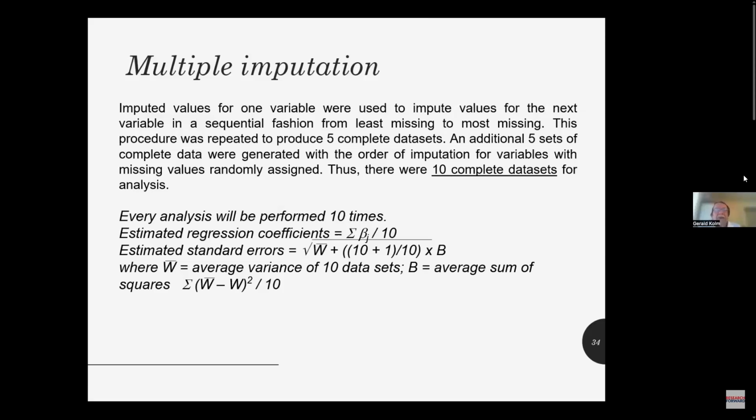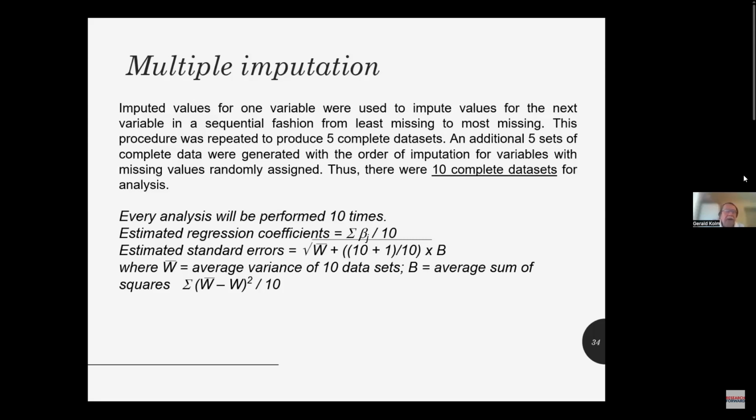I started out with age and sex, which had less than 1%, and then I did another 5 where I randomly imputed without regard for how much missing there was. So I ended up with 10 complete data sets. Every analysis that we're going to do, we perform 10 times. Then we estimate the regression coefficients by just averaging those over the 10 data sets.